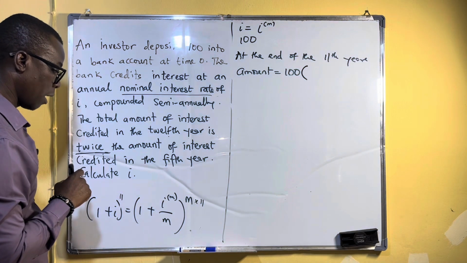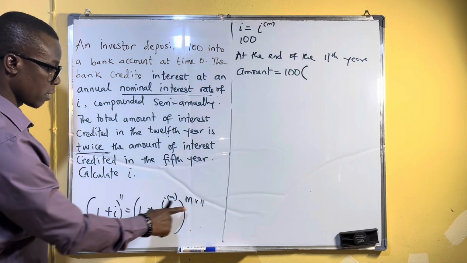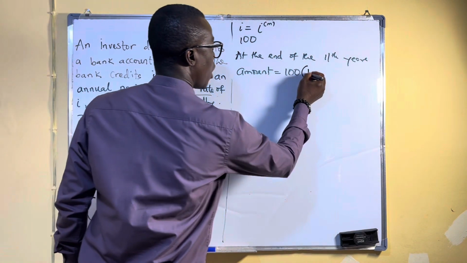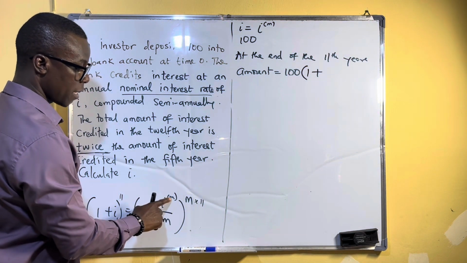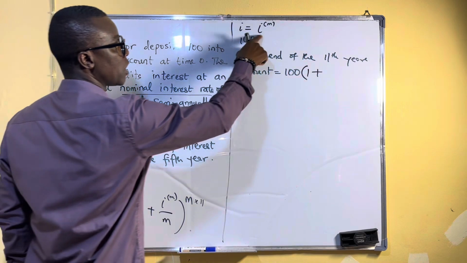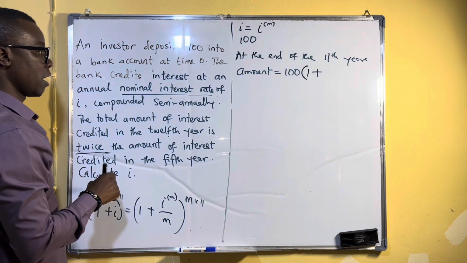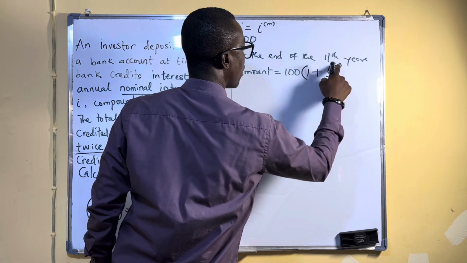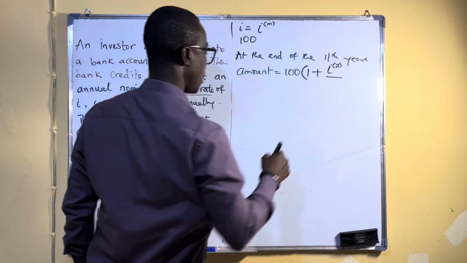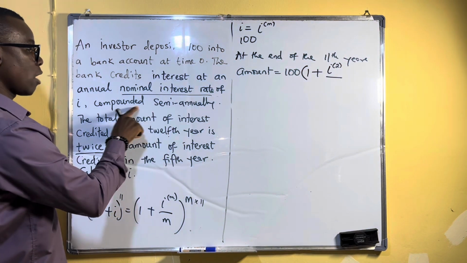So in this case, I'm going to make use of this, and that will be 1 plus, remember, my I with the m, which is my nominal interest rate, over 2 here, remember, it is semi-annually.